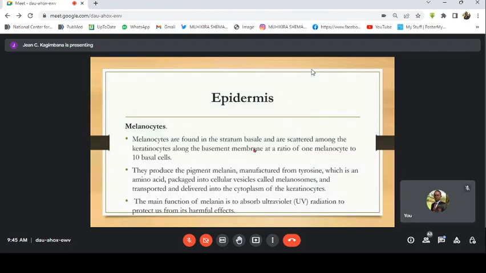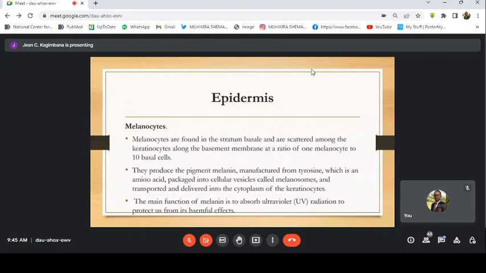Now, here they say just 10 basal cells. In other books they say 7. If you say 7 and 10, it ranges from 7 to 10, but mainly it's 7.